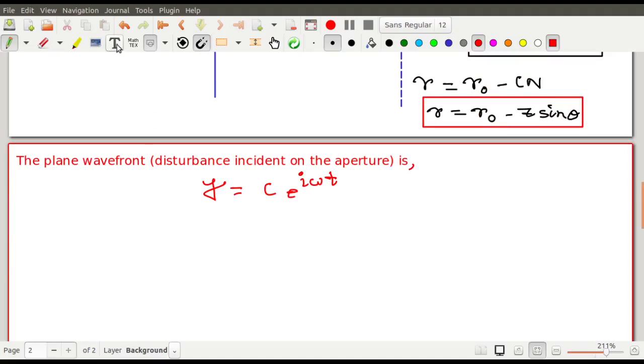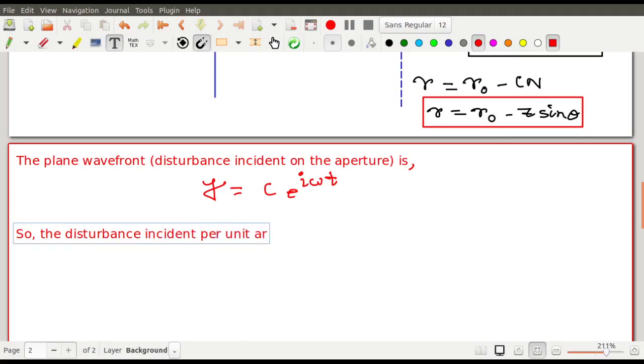So you may write, the disturbance incident per unit area of the slit. I write slit each and every time, that has been a bad practice actually.